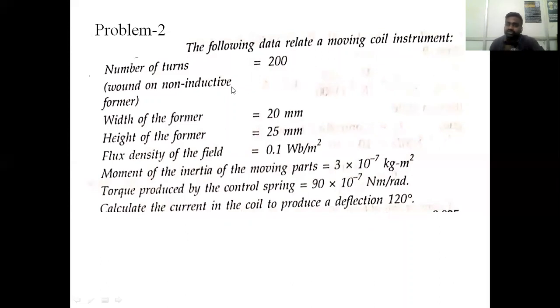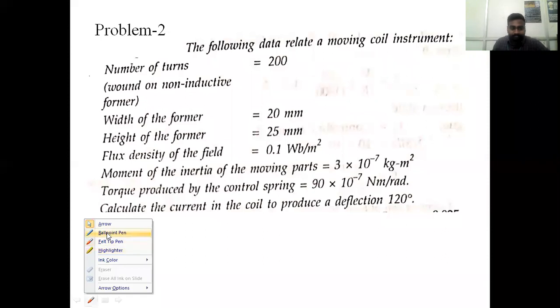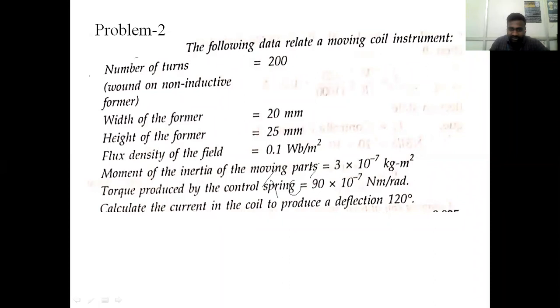So in a PMMC instrument, we have the number of turns, the width of the aluminum former, the height, and the flux density, and this is the moment of inertia we got. And this is the torque produced by the control spring, that is T suffix C, which is equal to 90 into 10 to the power of minus 7.